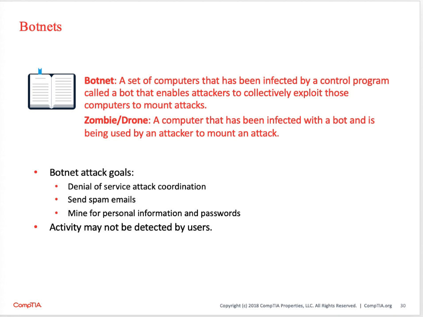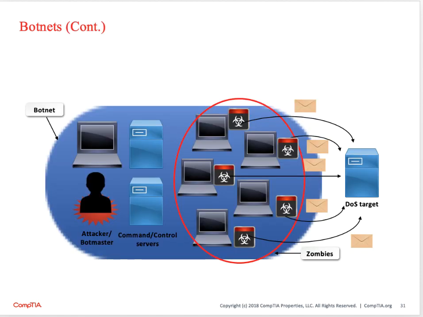And so this activity may not be detected by the user, may not be detected by you or me, right? They start using it when we're asleep or something like that. And so here is an example. Here's the bot master. They have some servers set up so they can command and control all these at the same time.